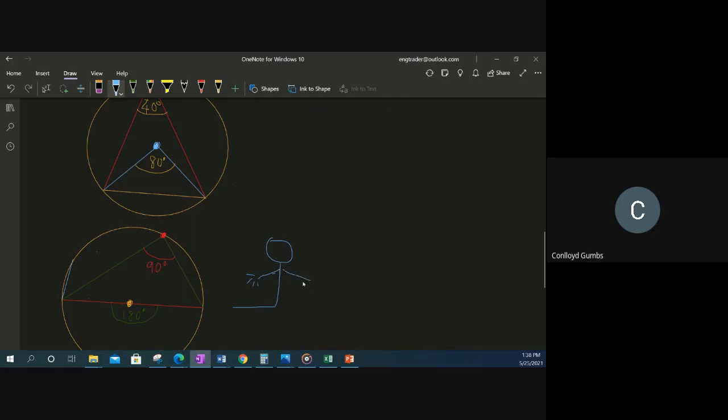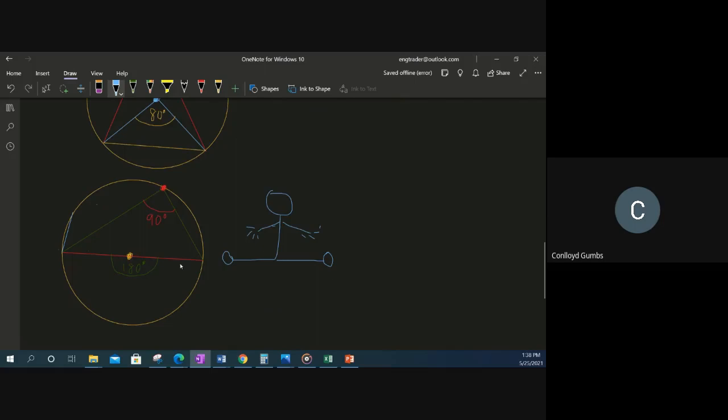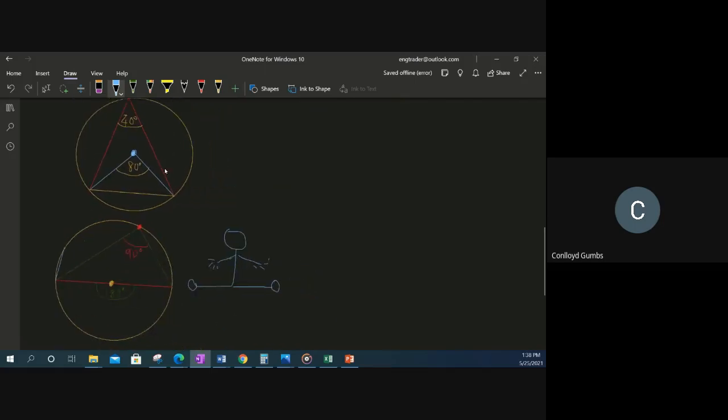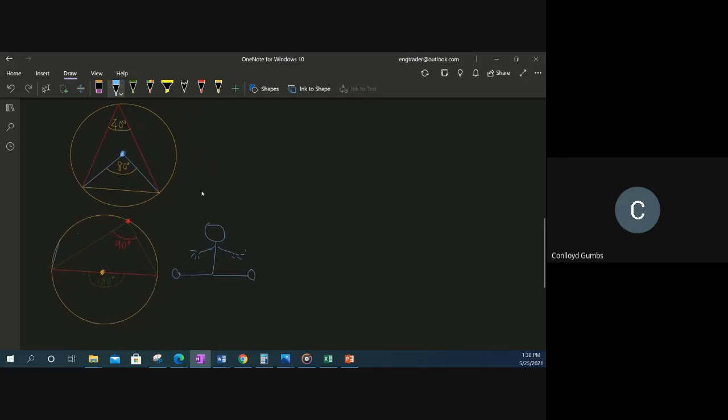No, this looks bad, but just for illustration purposes. This is a man with a split. Okay? Now with this situation here, it's like the man is standing up. Okay, so the man is standing up this way.